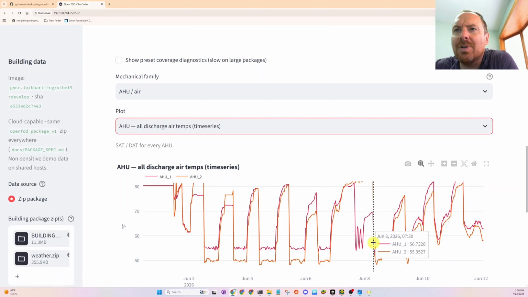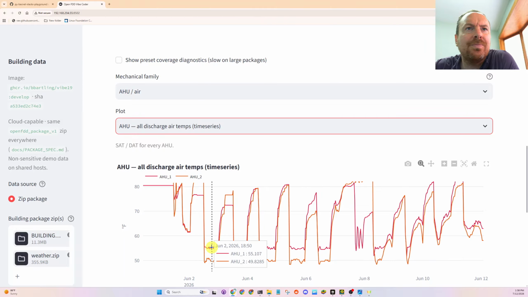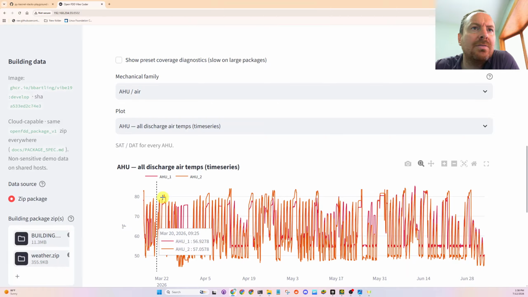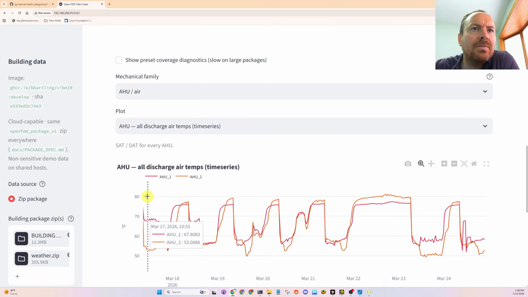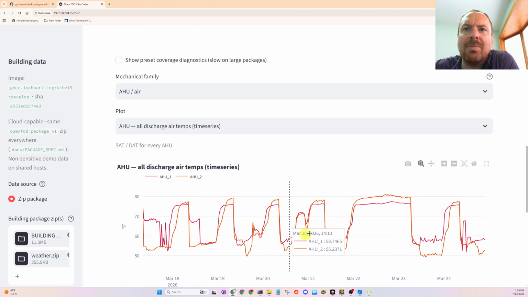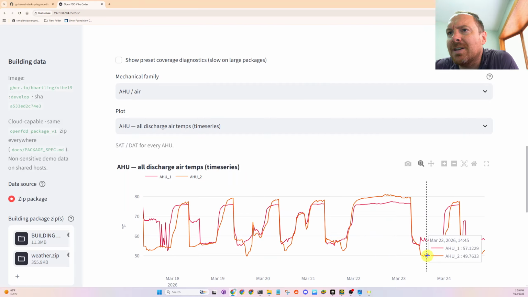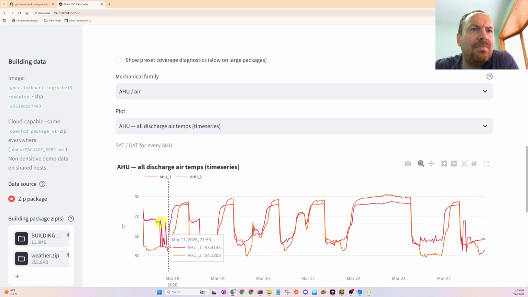The other air handling unit appears to have a 55-degree. See what they do in the winter. So they do float them up a little bit, not by much. But for whatever reason, air handling unit 2 requires a much colder temperature.